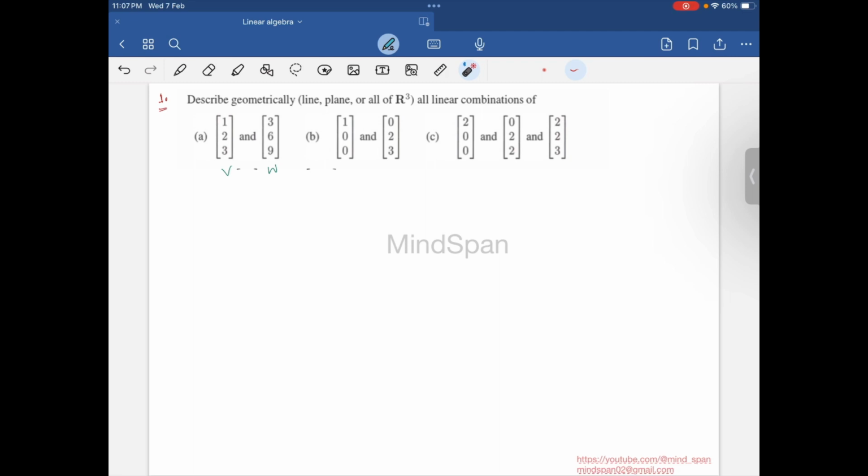Now the question is, what will be the linear combination of V and W? If you look at these two vectors V and W closely and try to find the relation between them, you will get a relation.